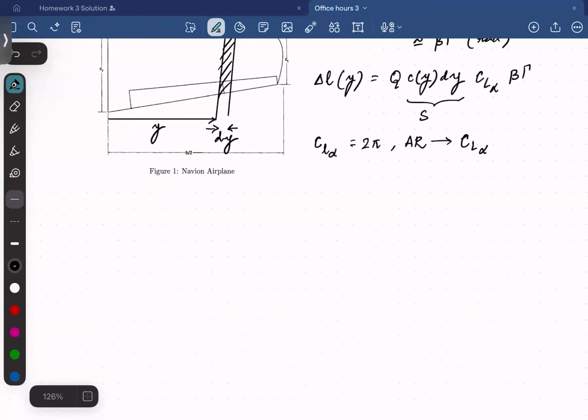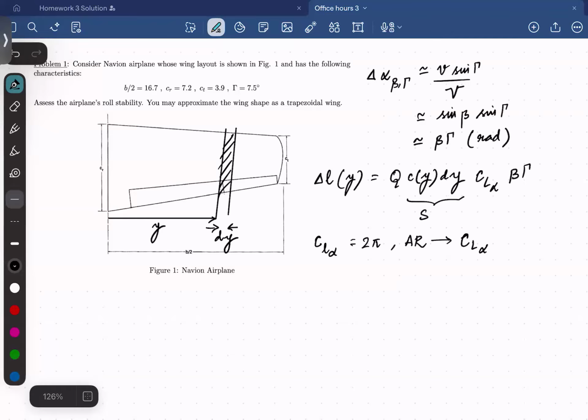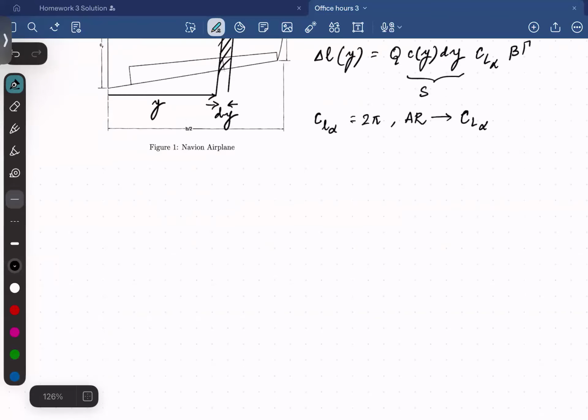Now the question arises that if we have a change in lift, then obviously we are going to have a change in the rolling moment, which is nothing else but simply the change in the lift at a section y times y.